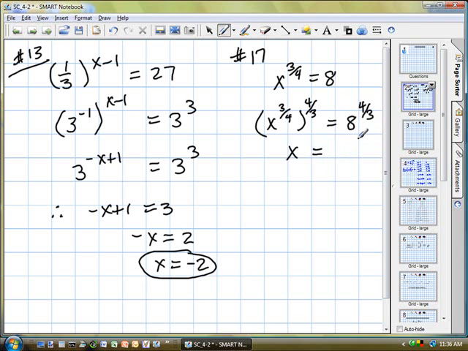Well, you can either take 8 to the 4th power and then take the cube root of the answer, or you can first take the cube root of 8 and take the answer and take it to the 4th. It's a lot easier if you do the root first. The cube root of 8 is 2, and then 2 to the 4th power is 16. So yeah, I'm glad you brought both of those up because I'm sure you've done that before, but probably quite a while ago.